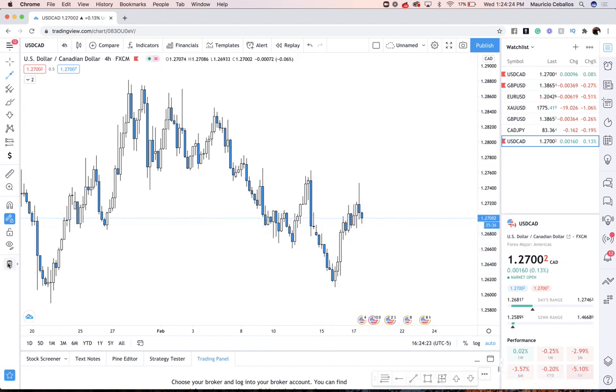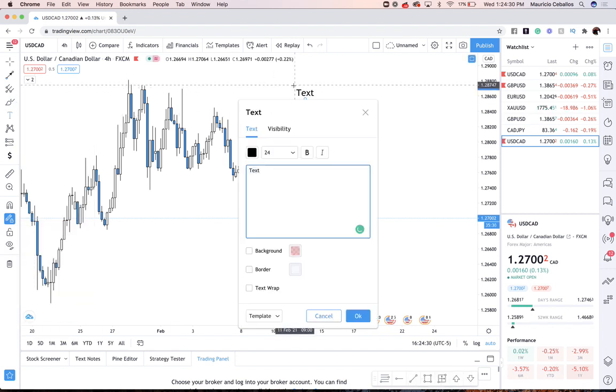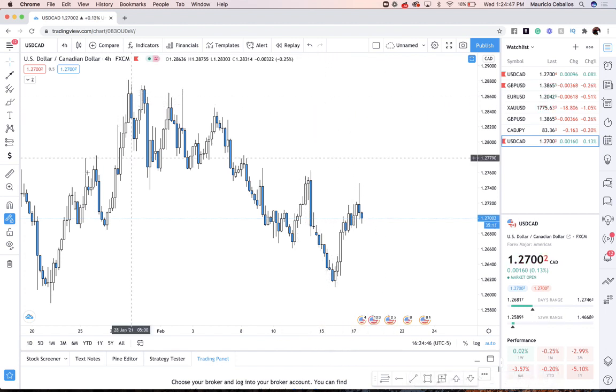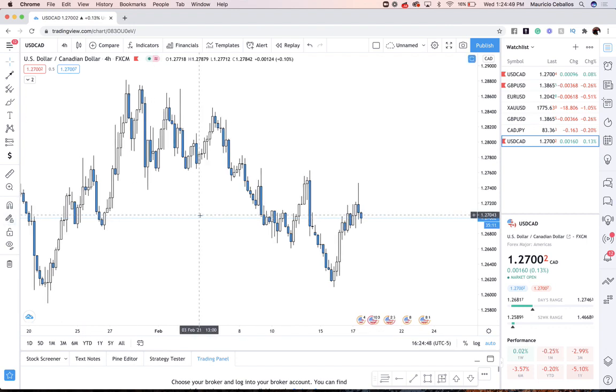However, we need to understand what order flow is, and we'll be talking about order flow and a complex pullback next lesson. Bear with me, because I will be using these two words now, but on the next lesson you will know exactly what they mean and how you can use them properly.